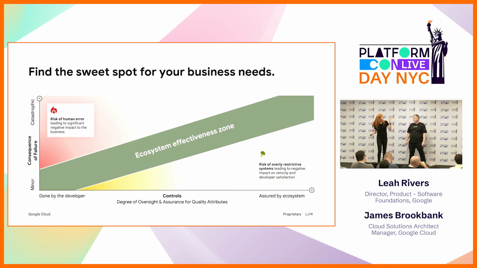On the upper left, we have basically the failure zone, where if teams are operating here, we have a risk of manual mistakes causing meaningful business impact, more than we would like to have. And on the lower right, we have what we call internally the broccoli zone. This is where our coupling, our processes, our tools become overly burdensome and slow developers down for the task at hand.